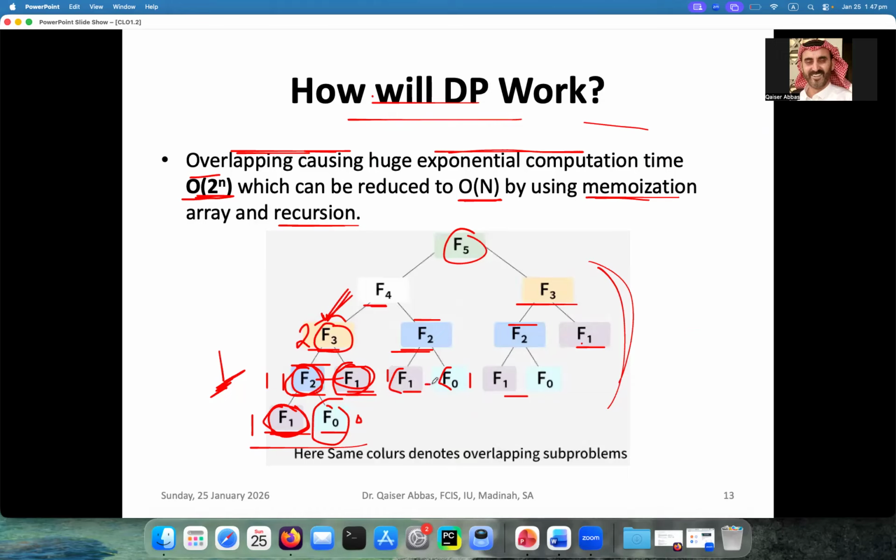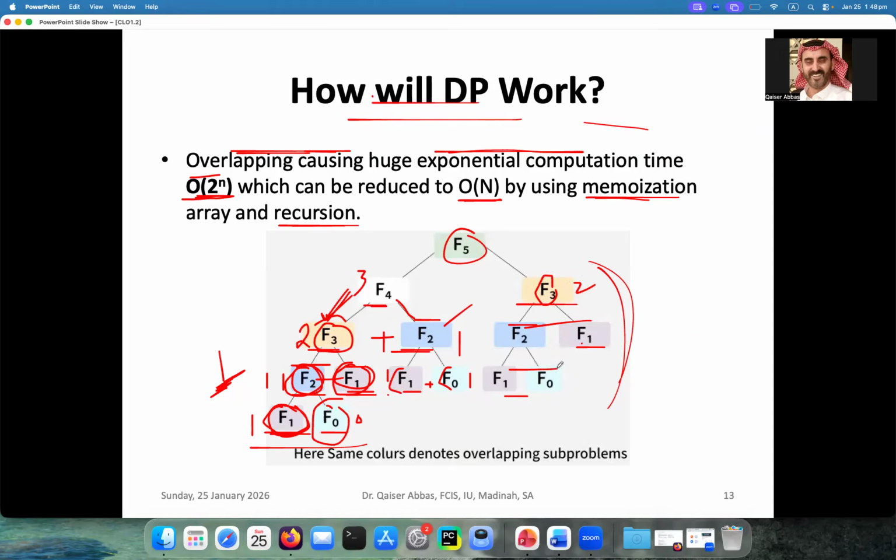And then you will add; it would be the call for f of 3 and f of 2. But for f2, it will not be calculated again. The value of f of 2 is also available there, and you will use that directly. That f2 is available as 1. So 2 plus 1, you will get 3 here for f4. And similarly here, what is the value for f of 3? You will get 2 here. Maybe there is no need to calculate further.